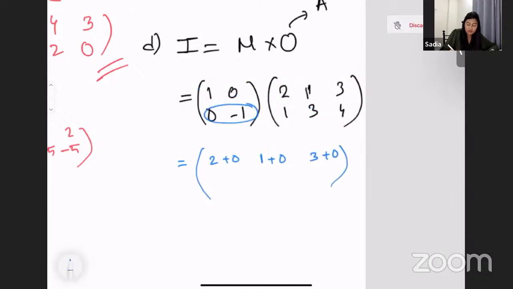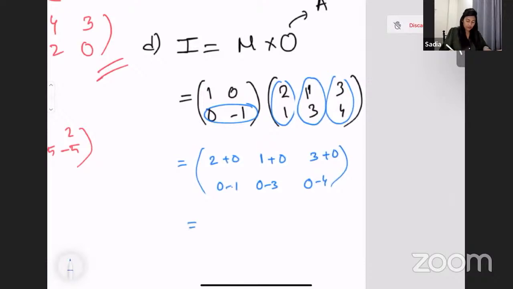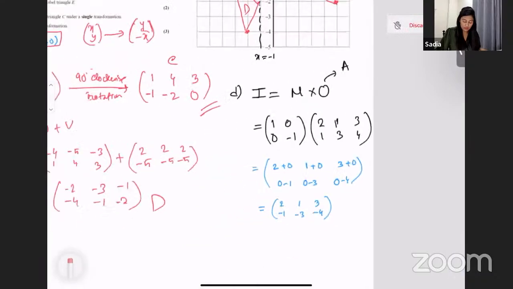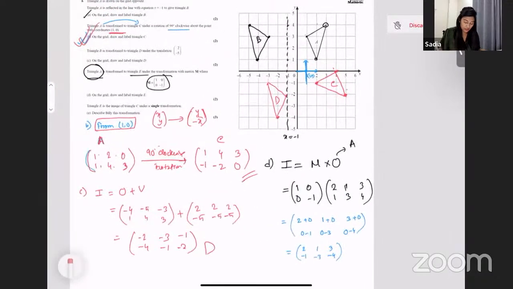Then you need to start from the second row, first column, and then second column, third column. So the final result will be 2 minus 1, 1 minus 3, 3 minus 4. This is the triangle D. Sorry, triangle E. So I need to draw that here.